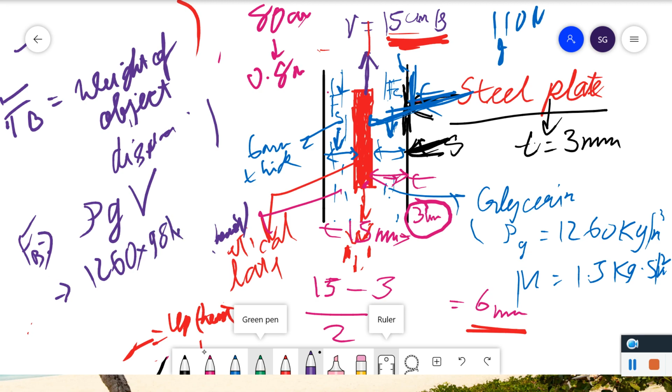Volume, remember we have calculated before only, that is 0.00192. You remember that we have multiplied the thickness of the steel plate into the cross section area 0.64. I think you remember that. So we have calculated the volume previously only, and it comes out to be 23.73 Newton.